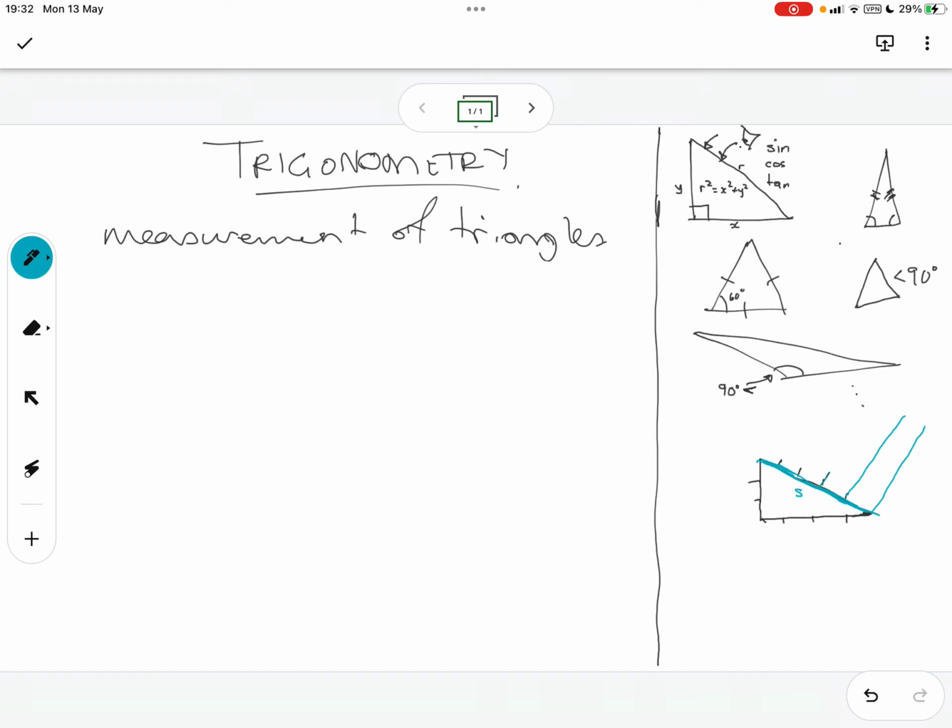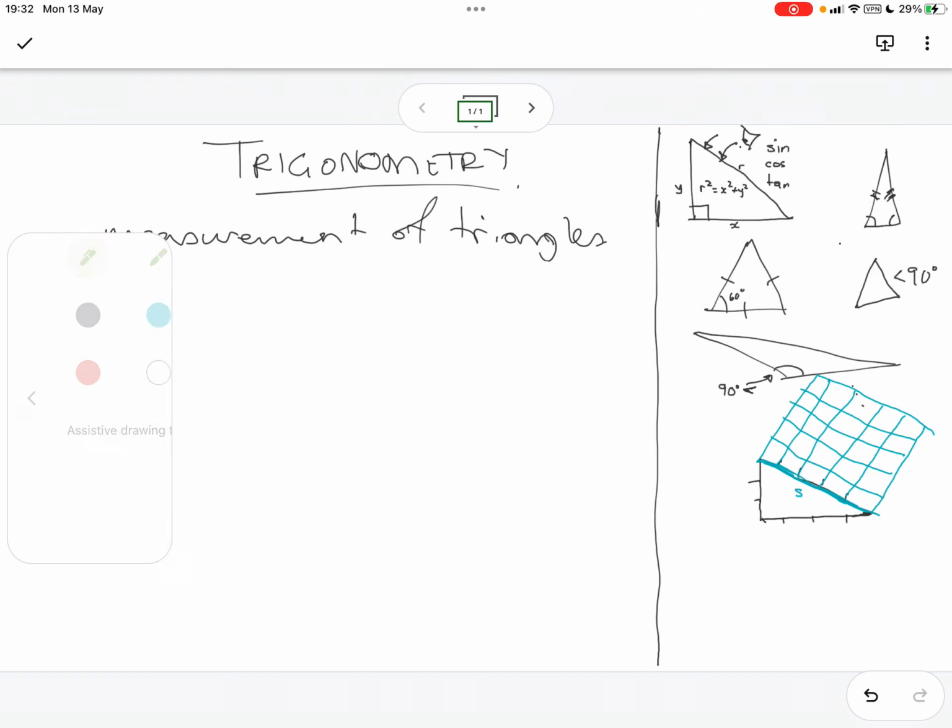So then we're going to have a lot of squares that are 1 by 1 wide and long, and we're gonna count these squares one by one after we do this. So the green side is 4 units long. Here we're gonna have 4 by 4, which is 16.